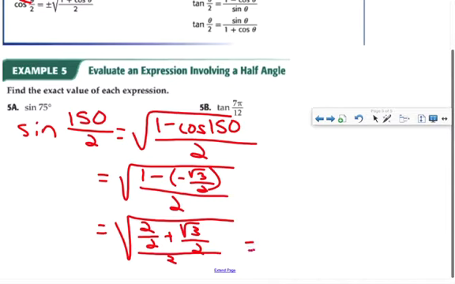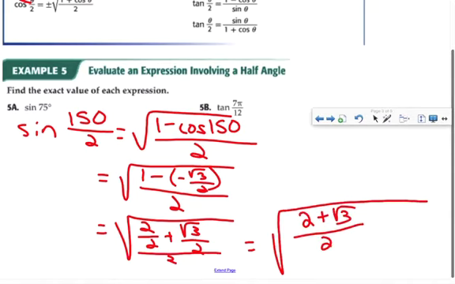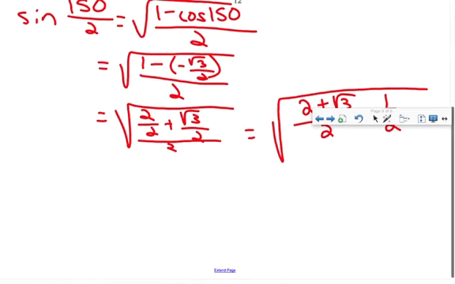And I can't simplify that any further. In the numerator, I would have the square root of 2 plus radical 3 over 2. And then remember how to divide fractions. You multiply by the reciprocal. So I'm multiplying this by 1/2.